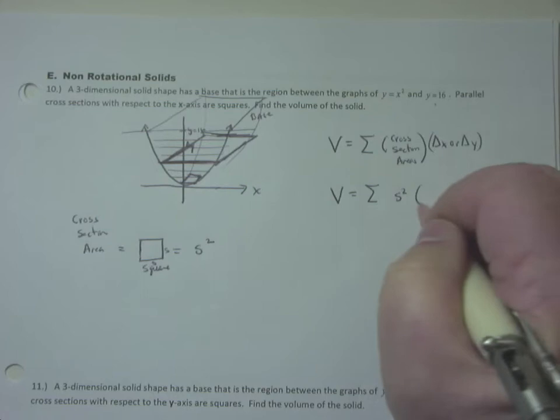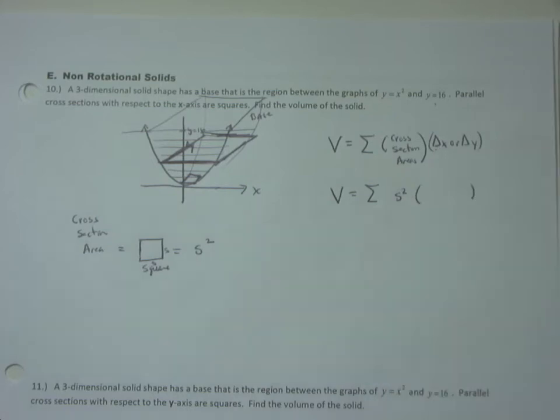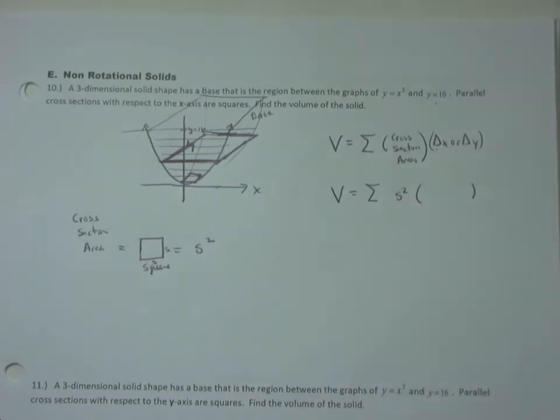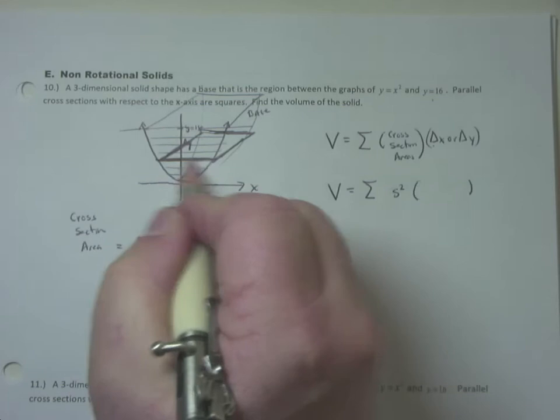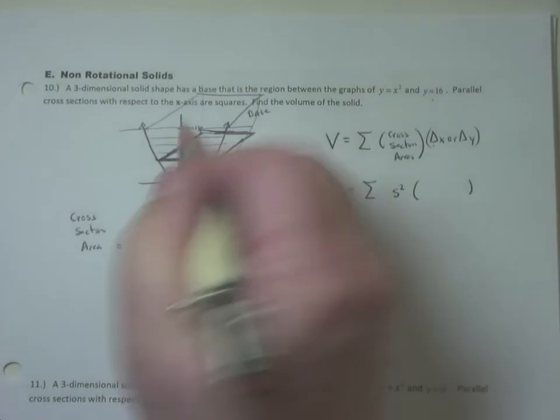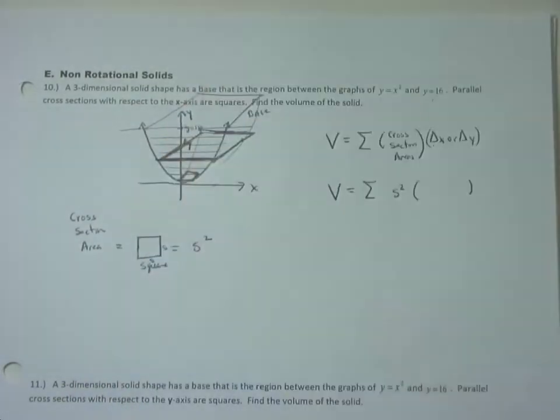And now I've got to pick which one it's going to be, delta x or delta y. It depends on the way you slice this guy. The way I sliced it cut into the y-axis. Here's your y-axis. When you slice it, you intersect the y-axis, that's going to be a delta y problem.